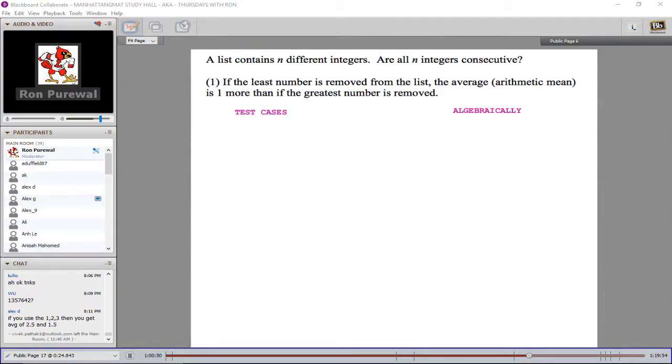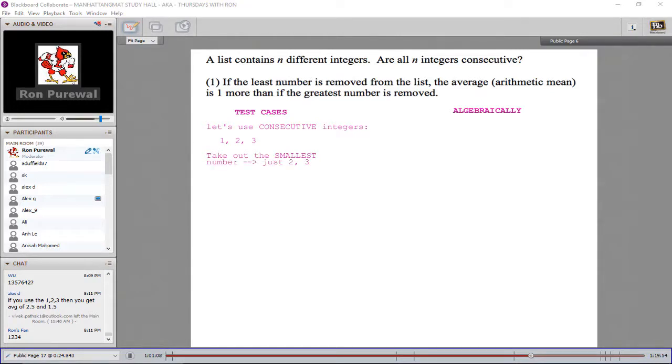Let's do 1, 2, 3. If you take out the smallest number, that gives you a list that just has 2 and 3. You take out 1, so you have 2 and 3. And the average is 2.5.